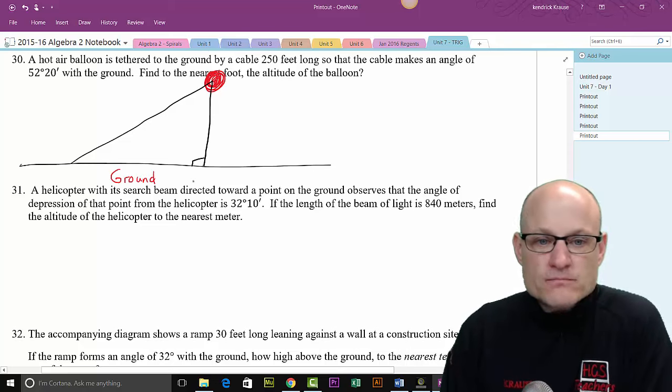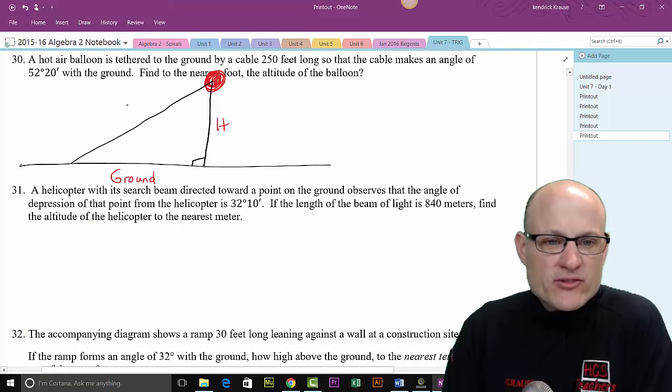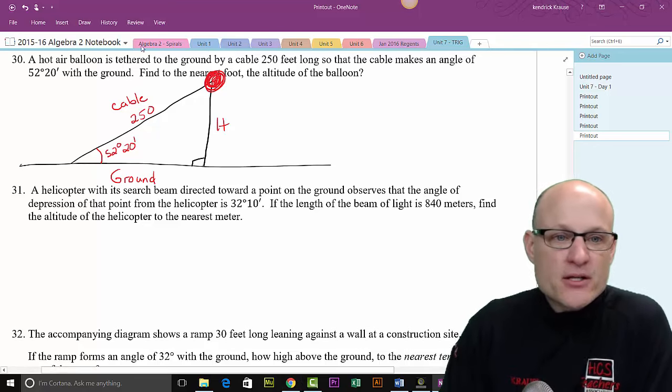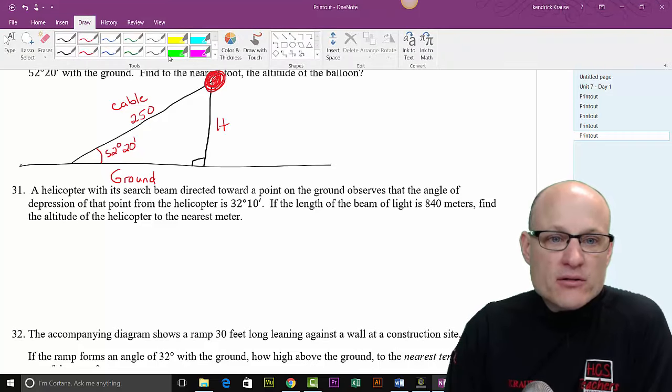And makes an angle of, so the wire. So this has to be the height. That means this has to be the wire or the cable. So we have a 250-foot cable, and it makes an angle of 52 degrees 20 minutes with the ground. You have to include the minutes. So while I'm here, I might as well label opposite. Ooh, I should have called this altitude.